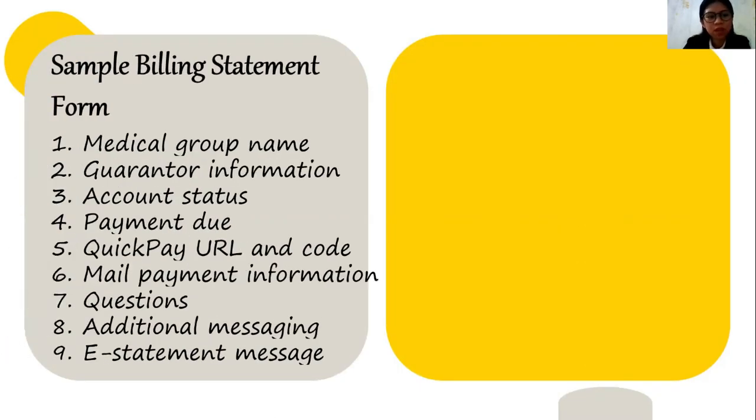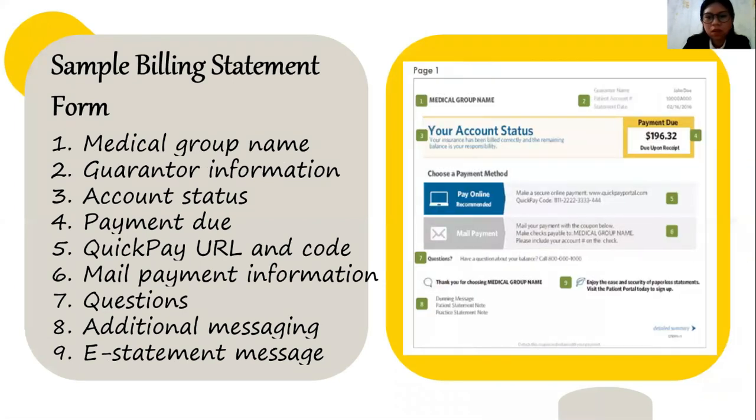So, here is a sample billing statement form. This is the picture that you saw in the billing statement. First is the medical group name, so the name of the hospital. Second, the guarantor information. Third is the account status, so what is the status of your account. Fourth, payment due, the amount that you must pay. Fifth, quick pay URL and code, so it can be used through a QR code.